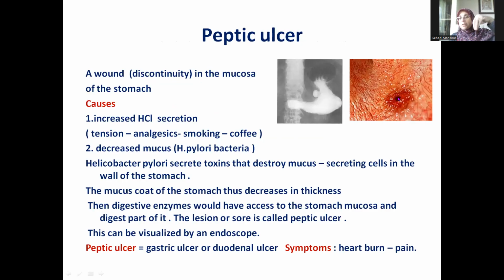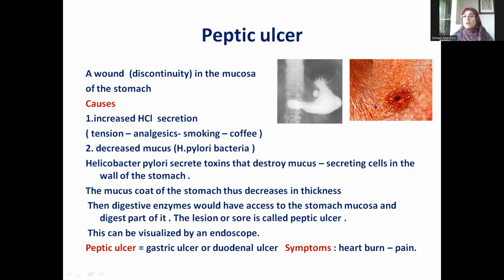This is because here there were gastric cells that have been eaten up by pepsin and HCl because of decreased protection. And around them, you have a very dark red area resulting from increased blood flow to the area because of inflammation. So this picture represents peptic ulceration.